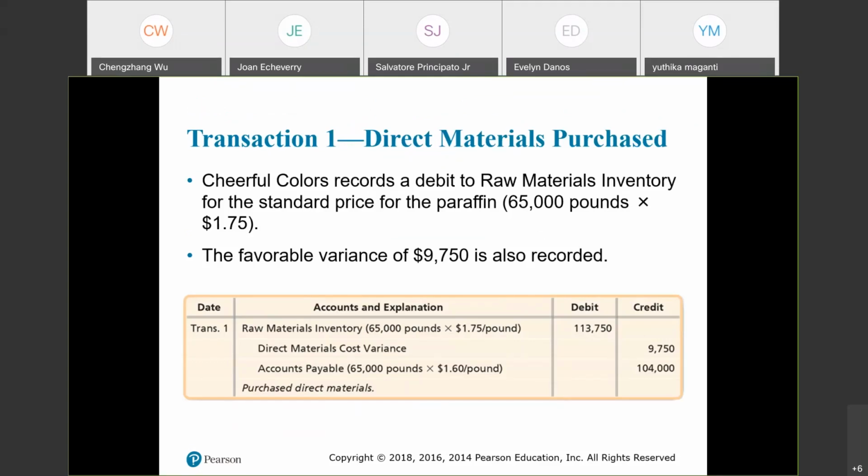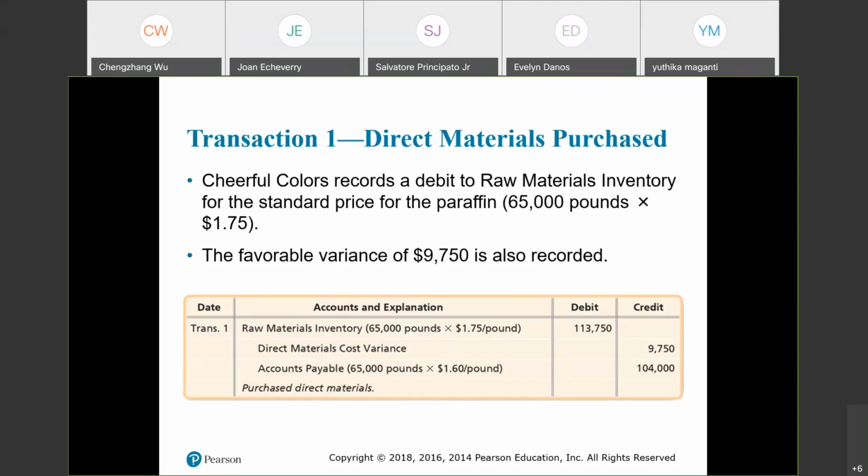But here, the difference is to debit the standard cost, I mean, the budgeted cost. And you need to use another account, that is the cost variance account, to record the difference between the actual cost and the standard cost.